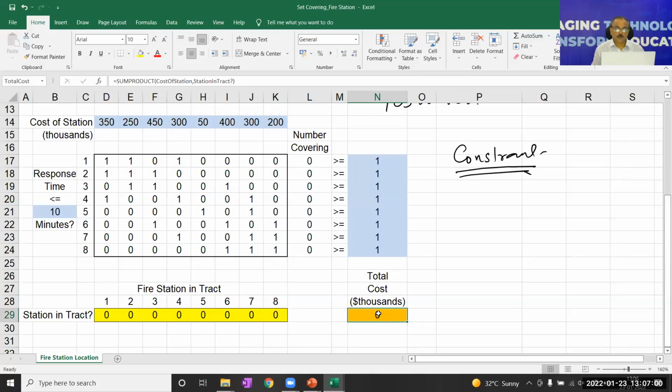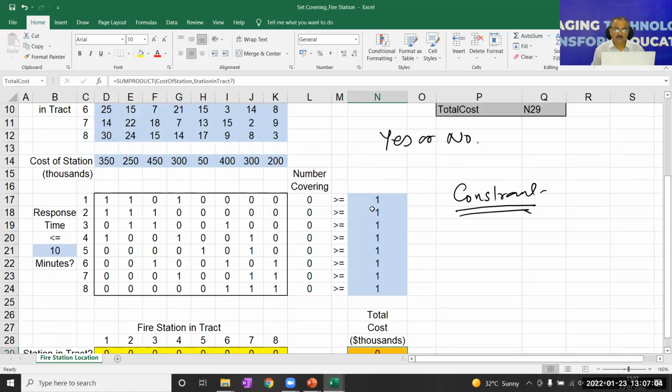So the objective here is to minimize this cost based on the constraint that every tract should be covered by at least one fire station. So if a fire occurs, it should be served by at least one fire station.